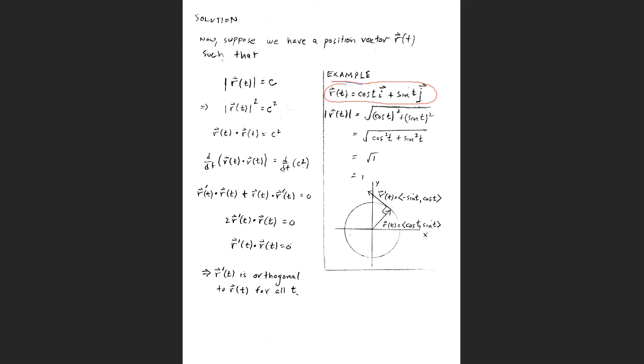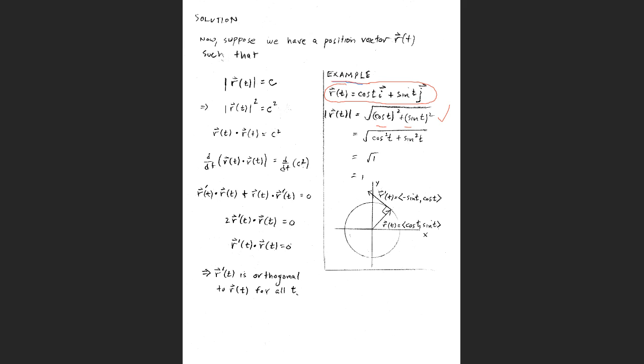You've seen parametric equations for a circle. You let x of t equal cosine of t. You let y of t equal sine of t. Okay, you've seen that. And if we were to take the length of our space curve vector, we know we square each of the components, add them together.